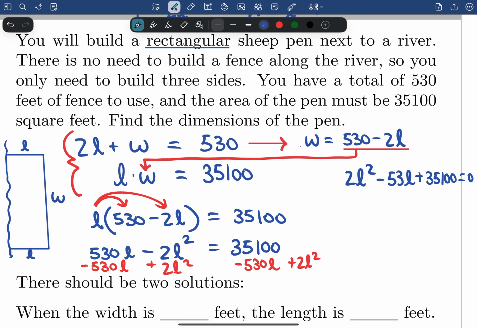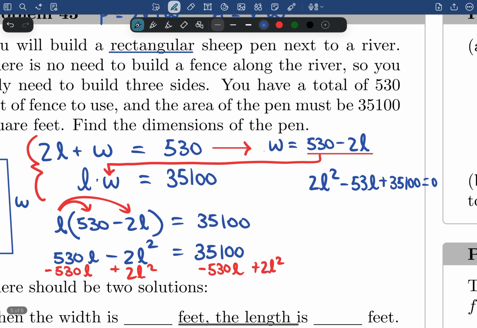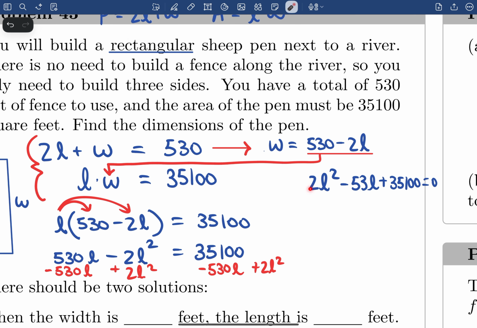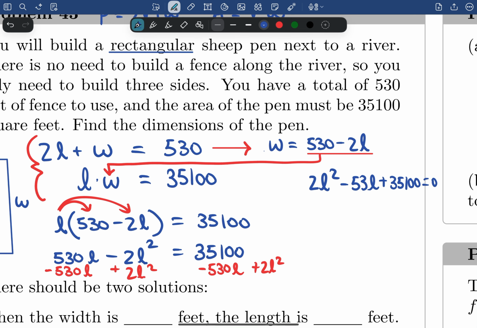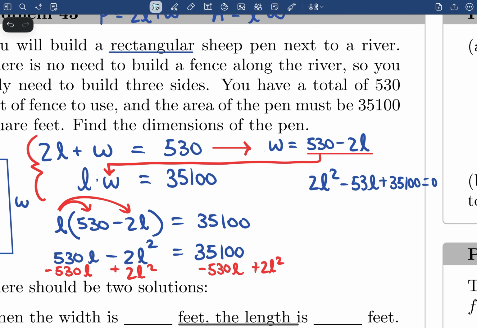That's what it says. At this point, I'm now going to take things further, and maybe I solve with the quadratic formula. The A value is 2. The B value is, forgive me, negative 530. So just cleaning this up a little bit. I need to fix that little bit right there. Just a sec.